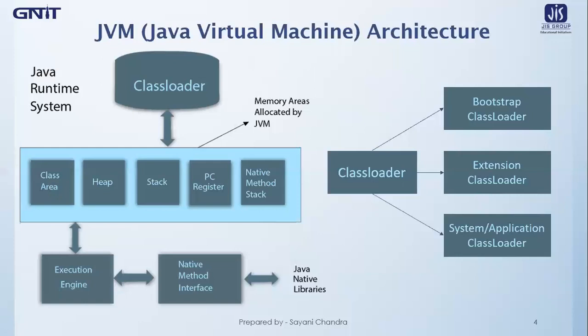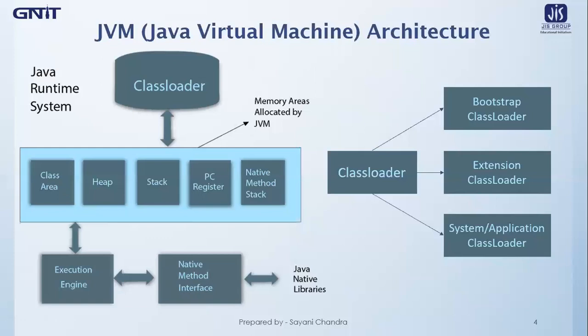Here the term compiler refers to a translator from the instruction set of a Java Virtual Machine or JVM to the instruction set of a specific CPU. This JIT compiler is a very important part of JVM. The last part that we can see here is native method interface or Java native interface.